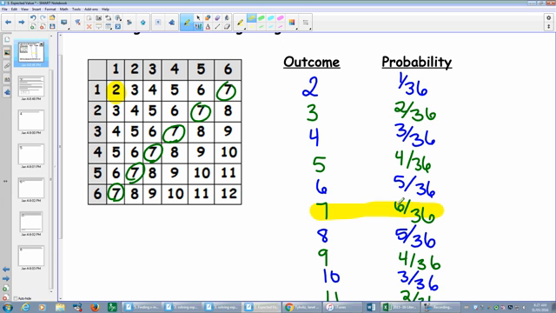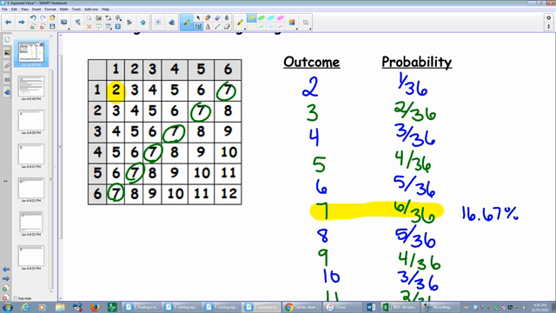You can roll 7 the most ways with 2 die than any other number. And when you figure out the probability, it's only a 16.67% chance that you'll actually roll a 7. Is it that lucky? I don't know. That's up to you to determine. But that's where lucky number 7 comes from, because that's the most amount of ways you can do this.